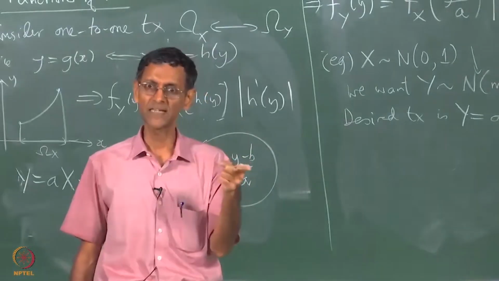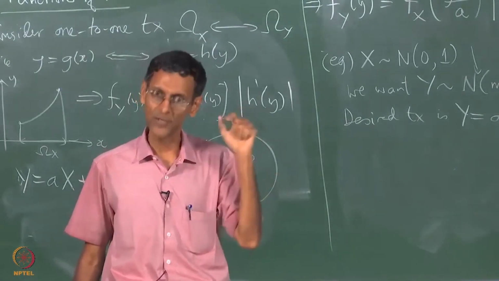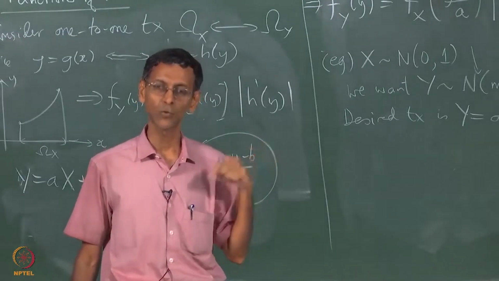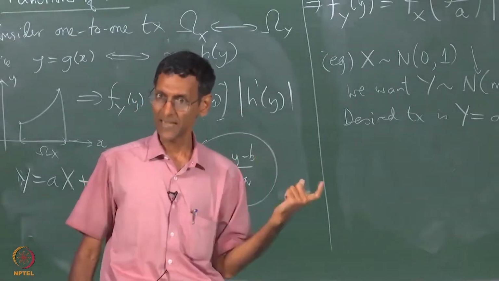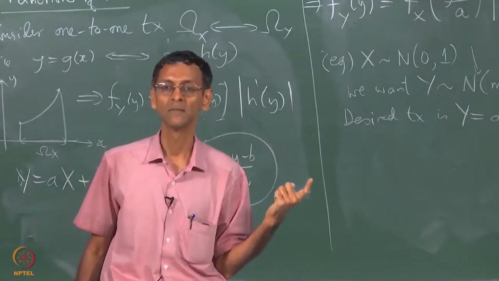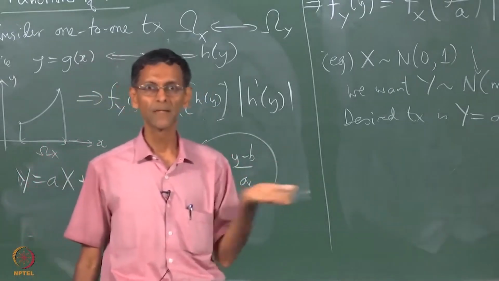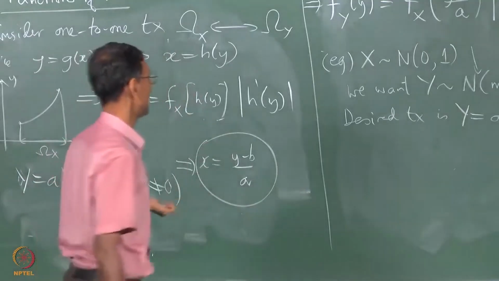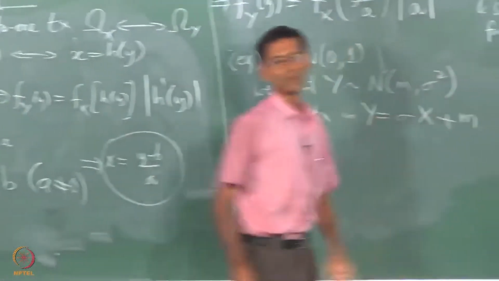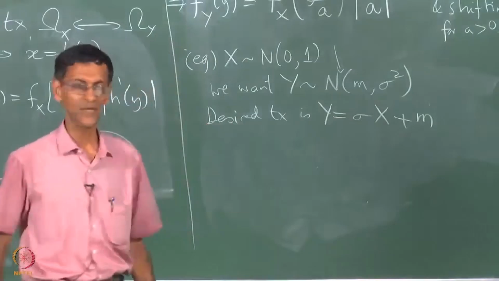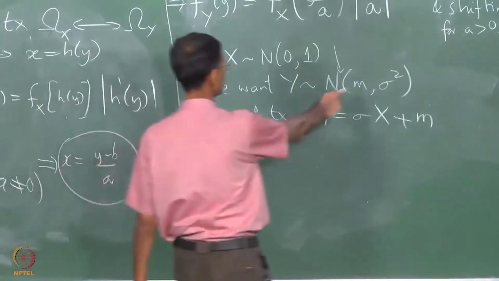Go back and check the formula for the Gaussian PDF. You get 1 by sigma root 2 pi. 1 by sigma comes directly outside, and this m comes exactly as it is here.